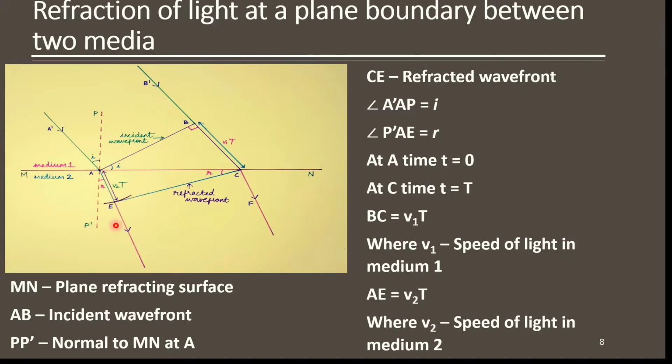It is also a common tangent to all the secondary wavelets emitted by points between A and C. CE represents the refracted wavefront.